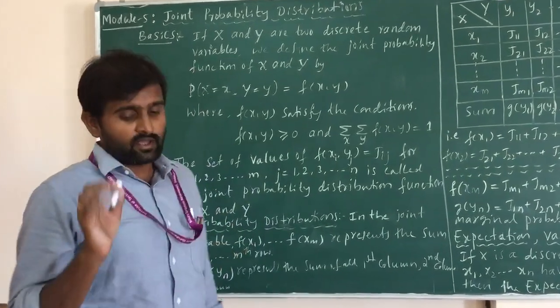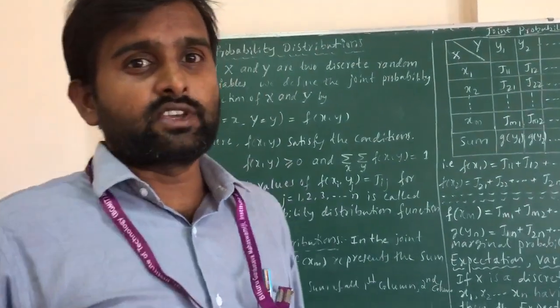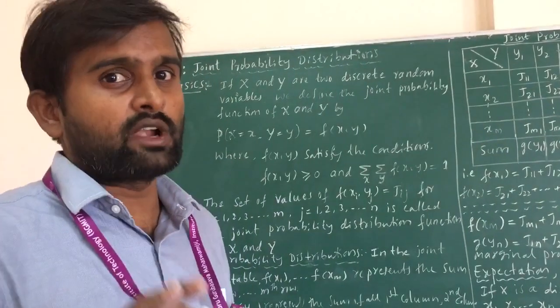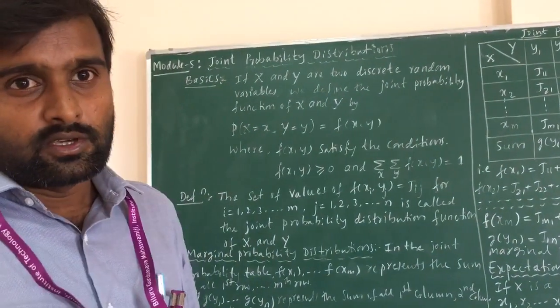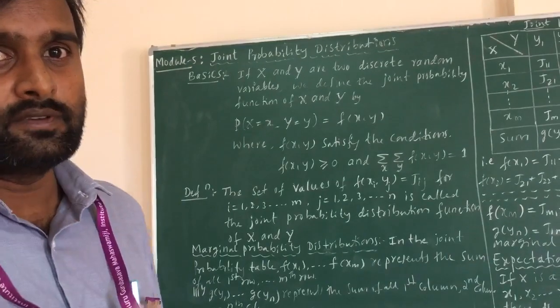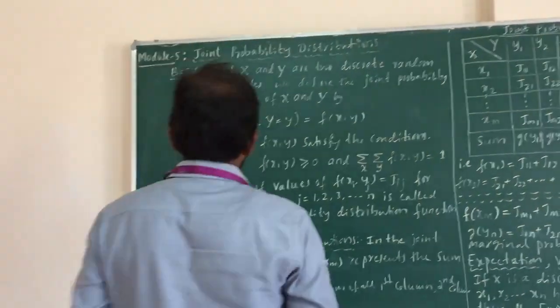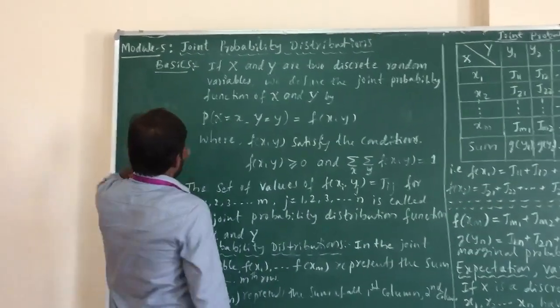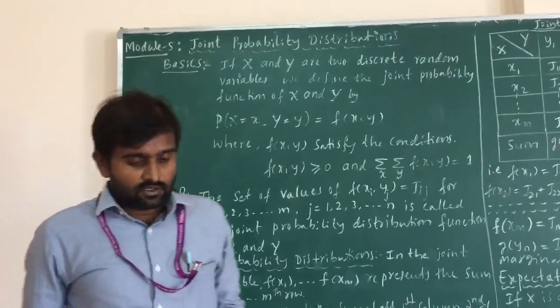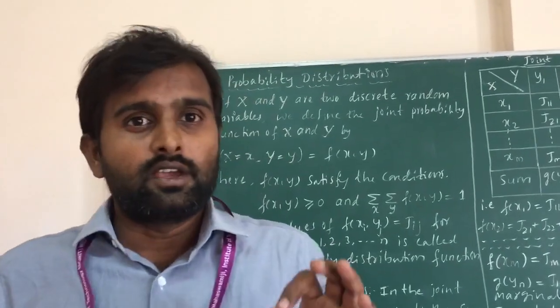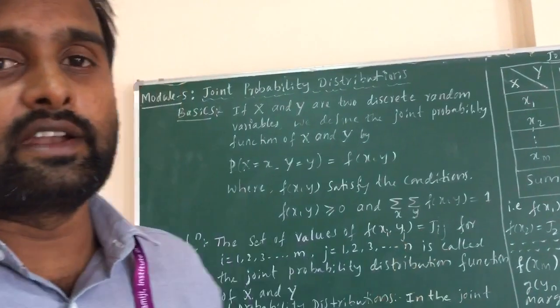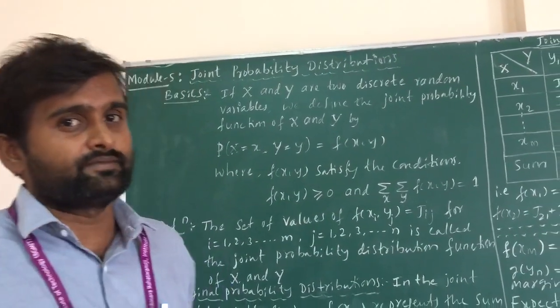So in this topic, before going to see some examples on joint probability distribution, we will see some basics of joint probability. Before that, in model 3 we have learned already a probability distribution.